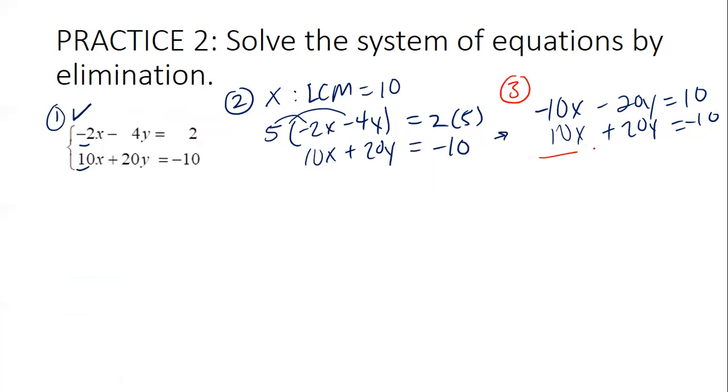Step 3 is to add them together. Uh-oh, what do you notice when I add them together? They all cancel out. They all are eliminated, right? When this happens, what that means is that it's infinite solutions. As everything eliminates, then the answer is infinite solutions.